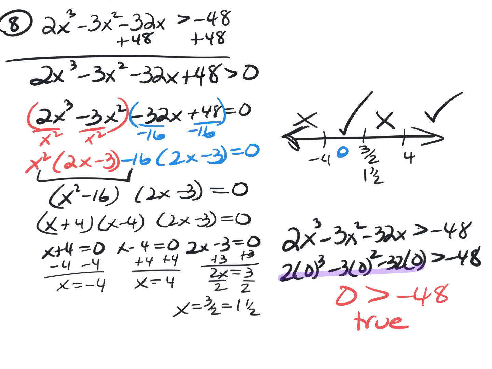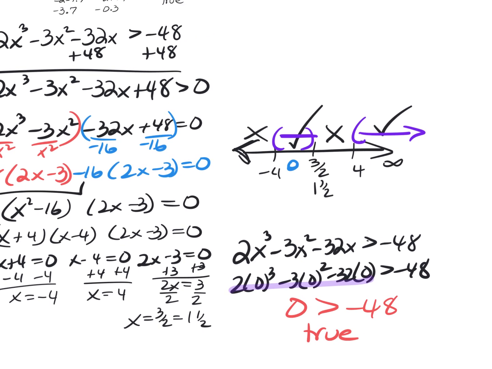So my graph here, the original symbol was a greater than. So this one gets surrounded, and then this one goes to infinity. So for this one, I'm going to have from negative 4 to the 3 over 2, surrounded with parentheses.